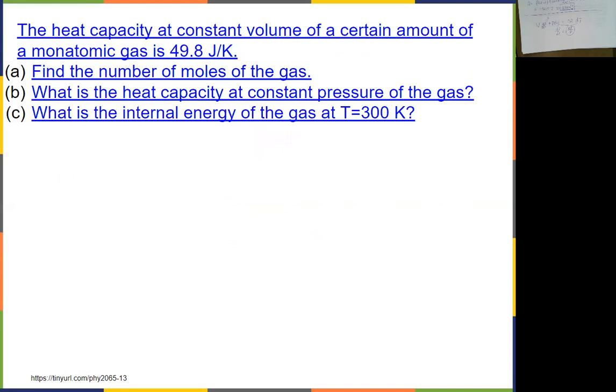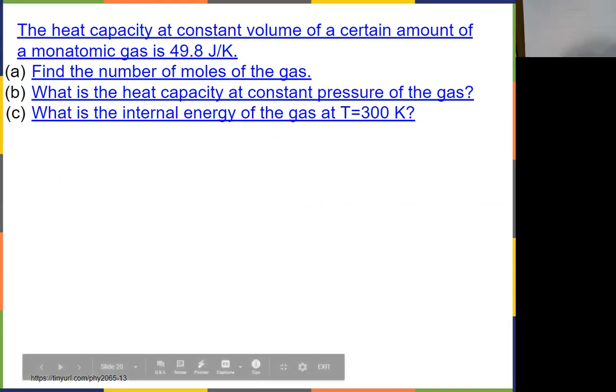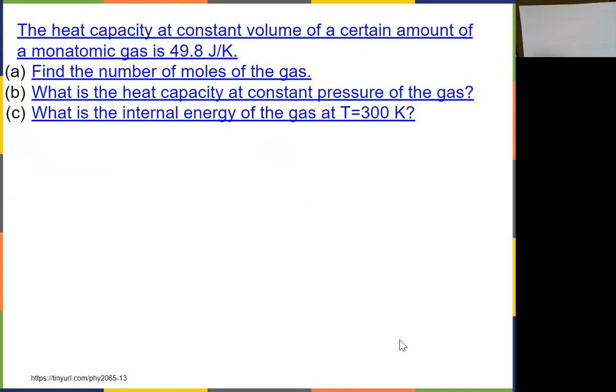So let's take a look at this example on the ideal gas. Monatomic ideal gas. All right. It says the heat capacity, so this is Cv. It tells you Cv is that. Okay. So basically, you can use the information to calculate how many moles of gas you have, because for monatomic ideal gas, Cv is equal to 3/2 of nR, right?